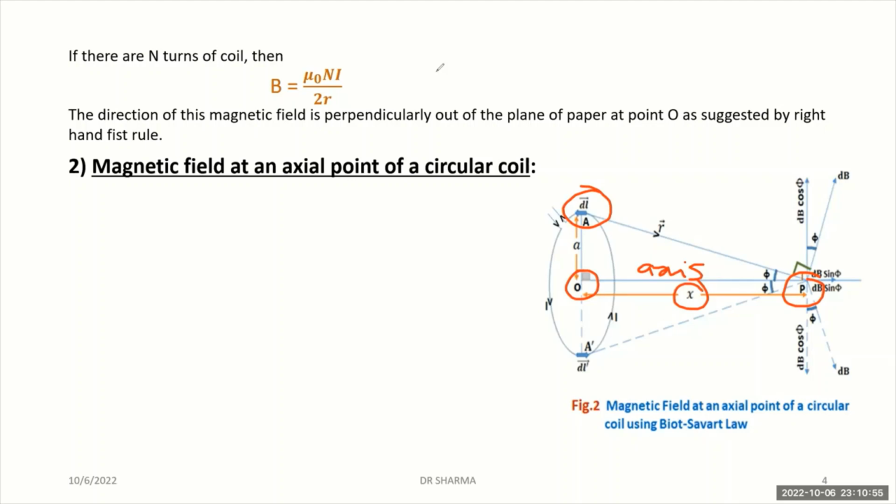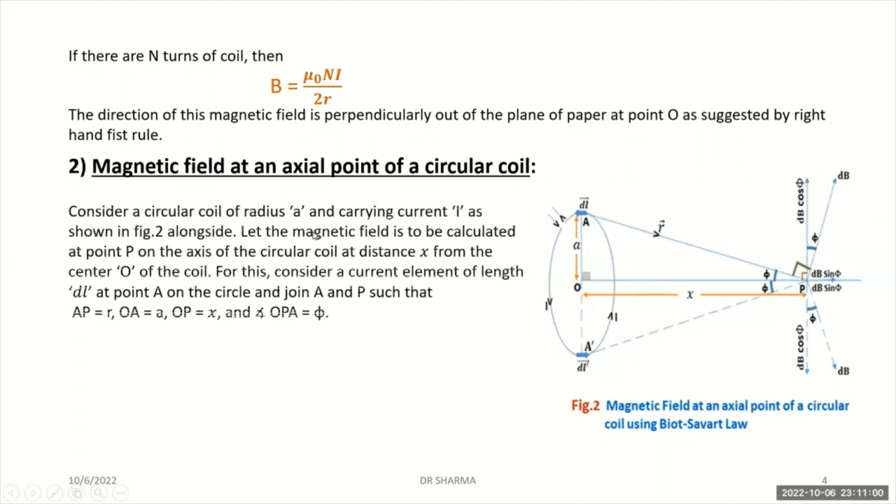After joining, you have some geometrical values. Check there. AP is equal to r, OP is equal to x, and OA is equal to a, the radius of the circle.